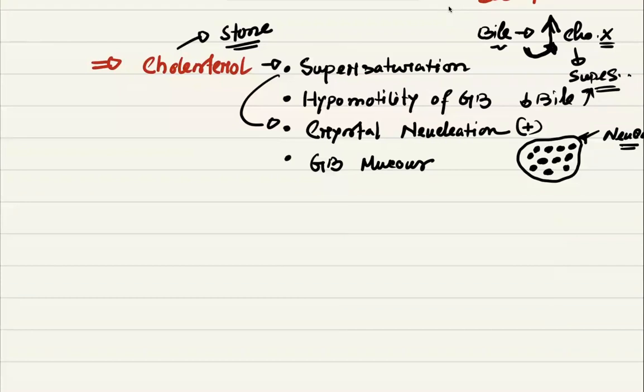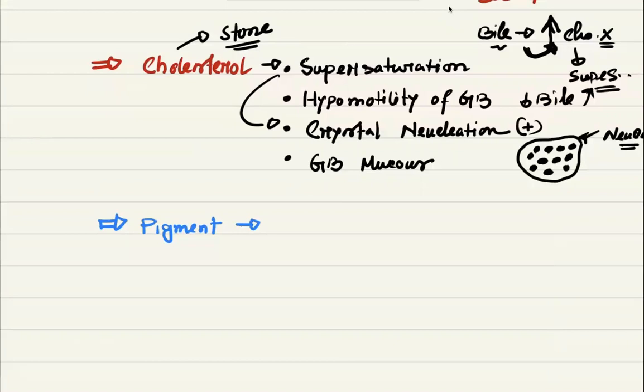Next is our pigment stone. So when can we have those pigments? Because of the hemolysis is most common, no?